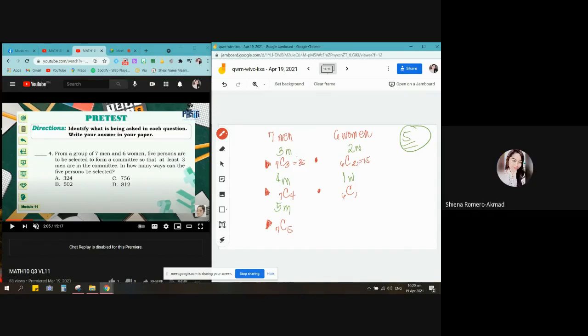Opo. 7C4, tulungan ko na kayo, this is 35 also. 6C1 is 6. 7C5 is 21. So, ano lang gagawin natin?